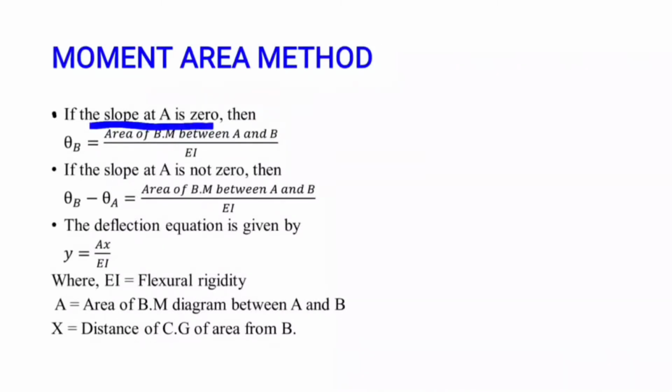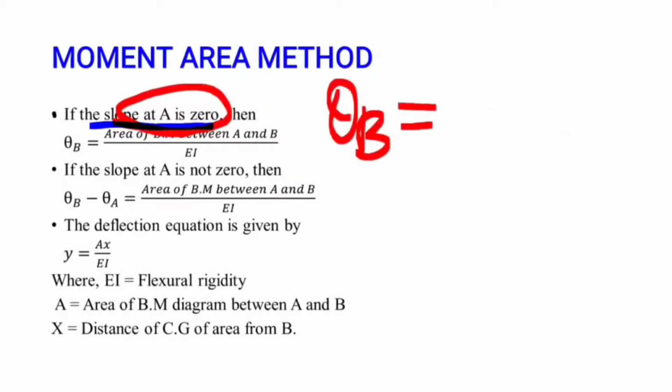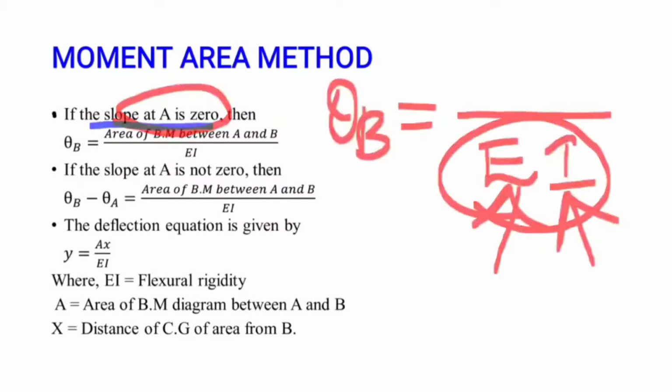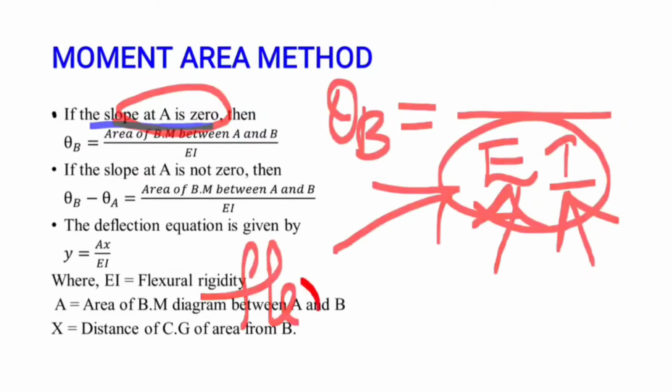If slope is 0, then theta B is equal to area of bending moment diagram between A and B divided by EI. The moment area method and conjugate beam method are based on the bending moment diagram. E is the Young's modulus. I is the moment of inertia. The product of Young's modulus and moment of inertia is called flexural rigidity.